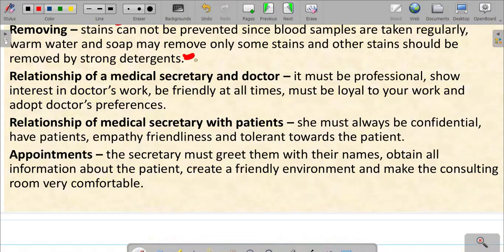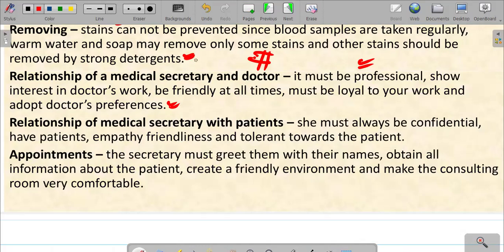The relationship of a medical secretary and a doctor is another point to take note of. It must be professional. There must be a professional code of conduct between a medical secretary and a doctor. Show interest in the doctor's work, be friendly at all times, be loyal to your work and adapt to the doctor's preferences. This helps ensure a smooth flow of work.